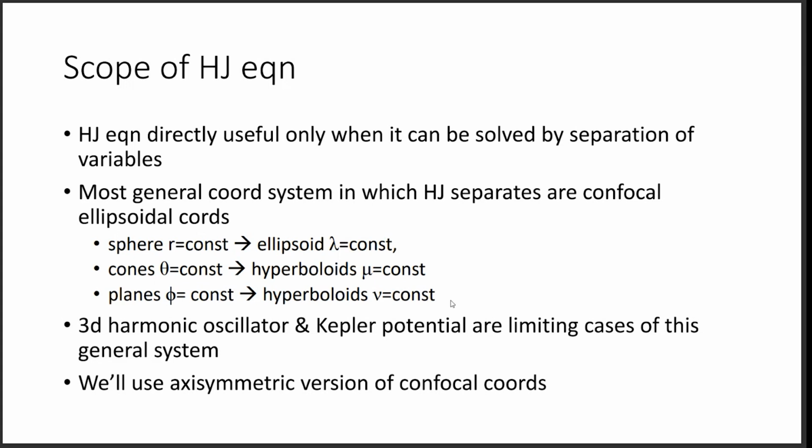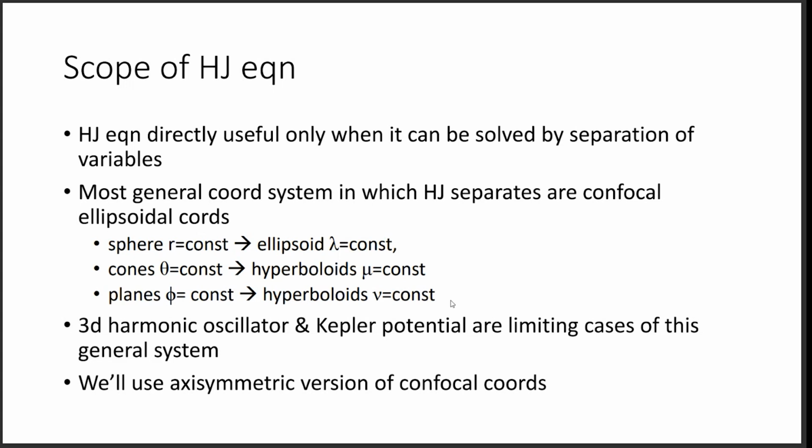It's a ghastly coordinate system, the confocal ellipsoidal coordinates, but it does allow you to solve the Hamilton-Jacobi equation. And I think Stäckel in the late 19th century showed that that's the most general system in which it can be solved.